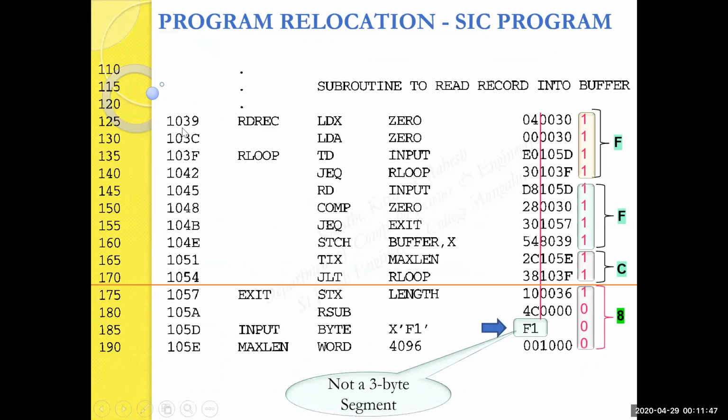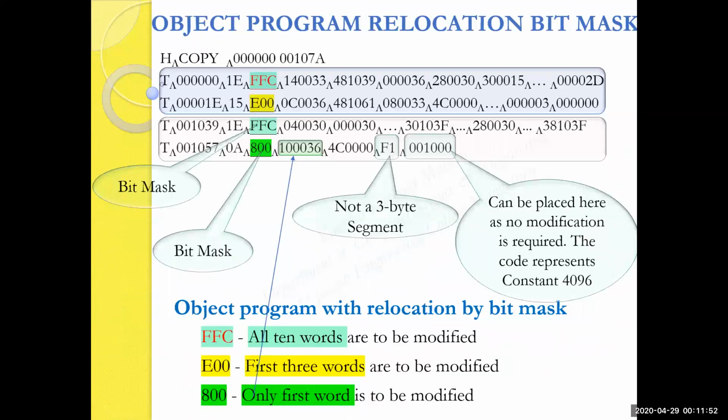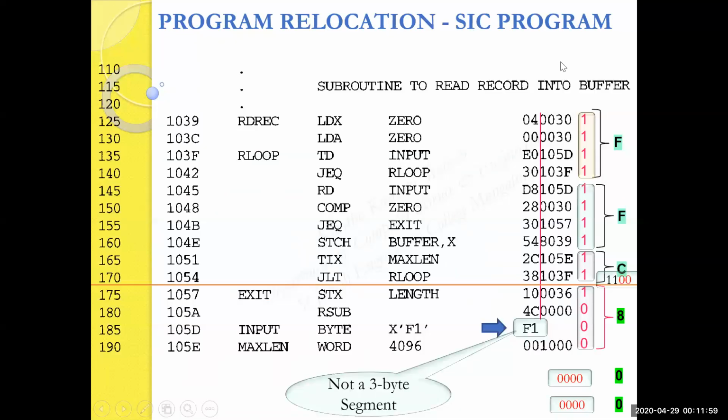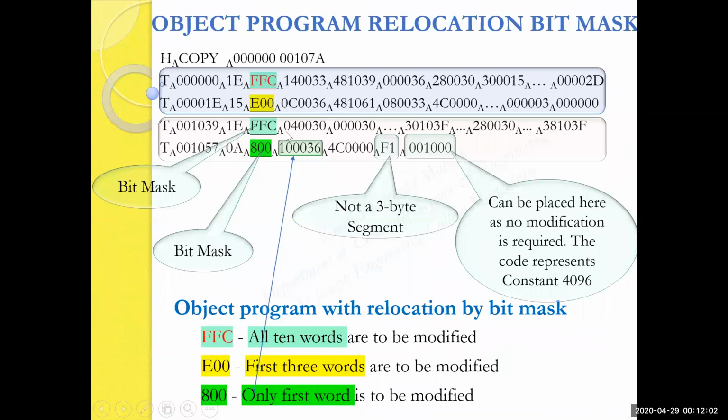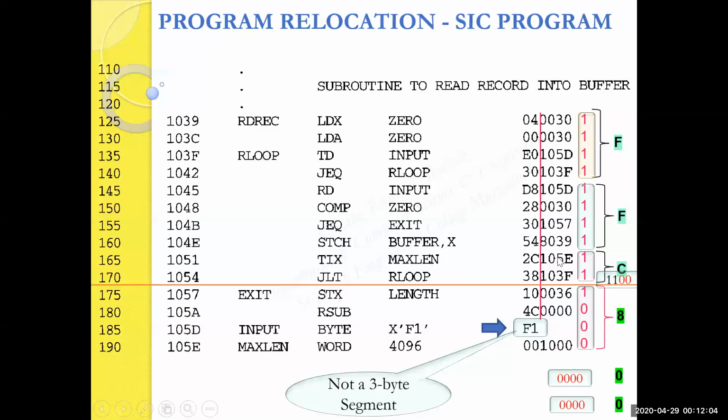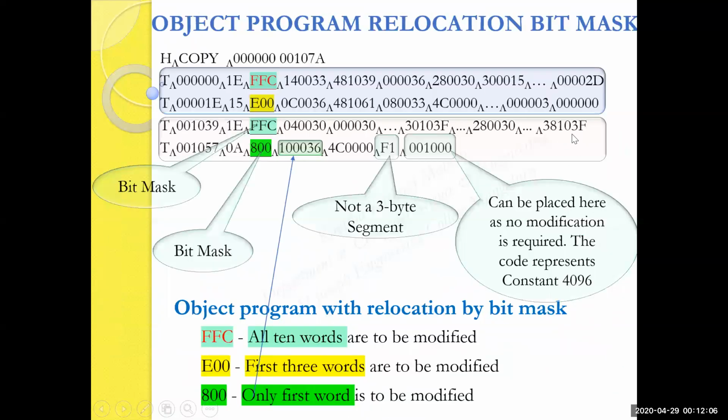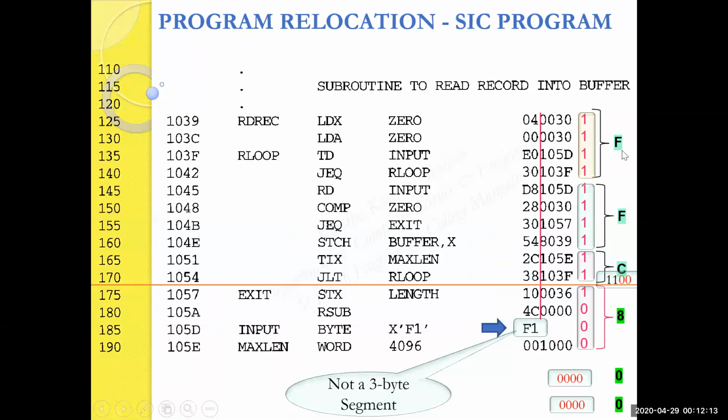The starting address here is 001039, and the object codes are from 040030 through 38103F. The length is 30 bytes, that is 1E in hexadecimal, and the bit mask is FFC because all instructions that we have kept in the text record require modification.